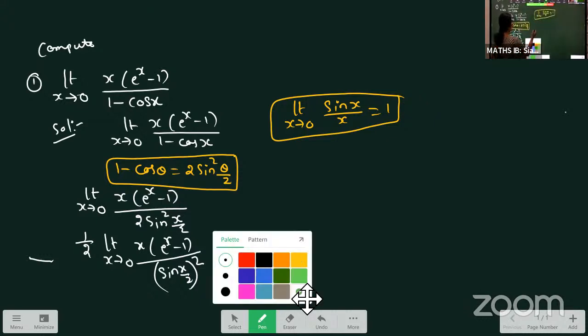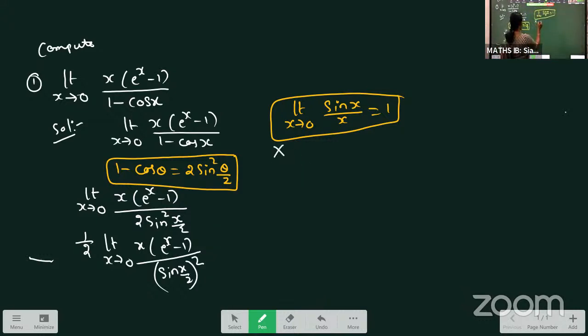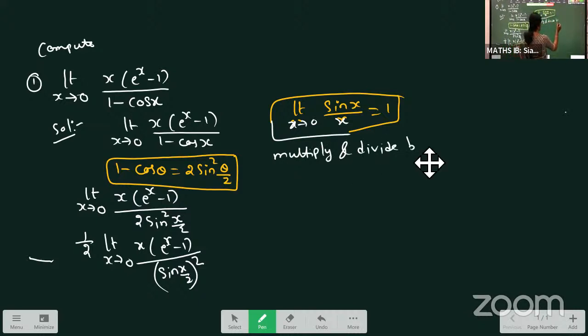So for that, what do you have to do? In the numerator, multiply and divide by x.